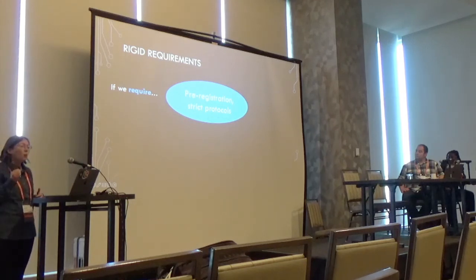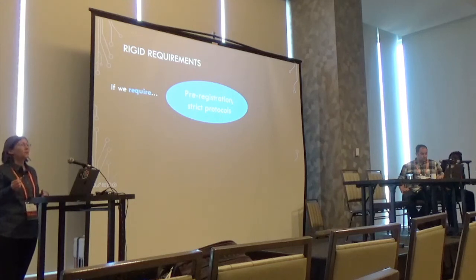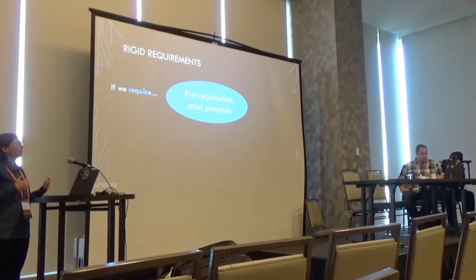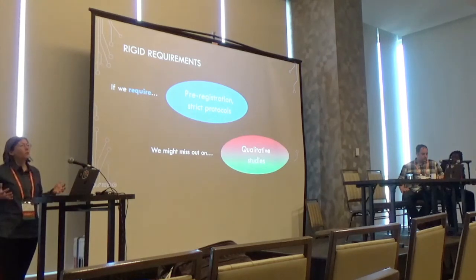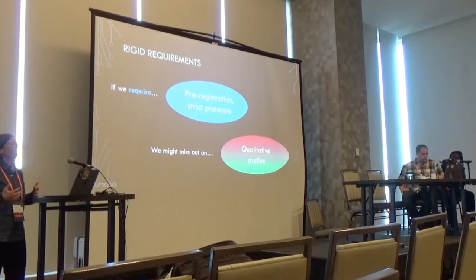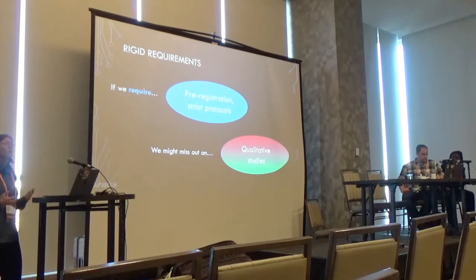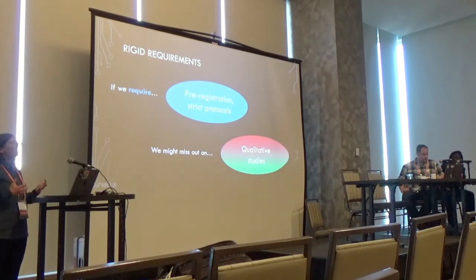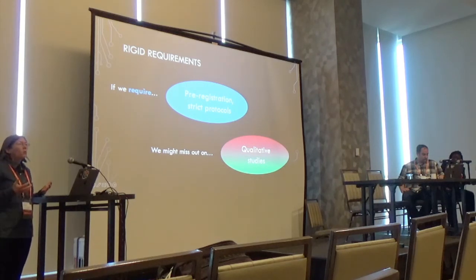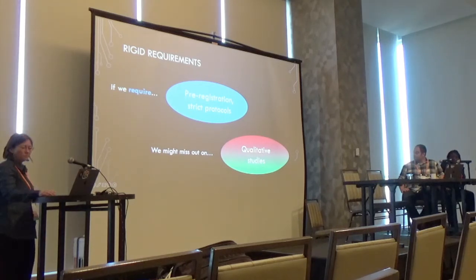If we require things like pre-registration for empirical studies or strictly define empirical study protocols, we might start to miss out on some kinds of research, perhaps the more qualitative studies from certain kinds of epistemological perspectives, where things like strict protocols and pre-registration might be antithetical to the goals of the research.